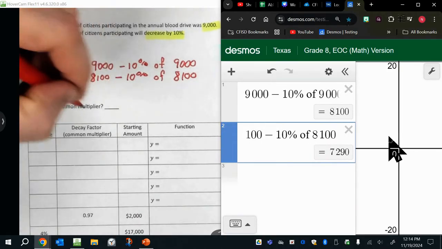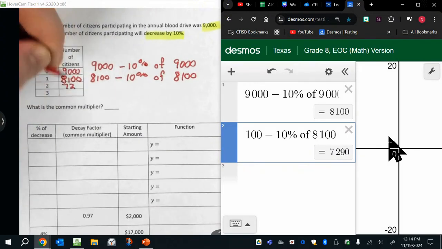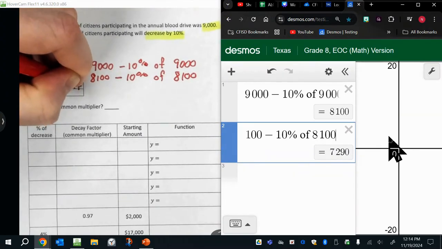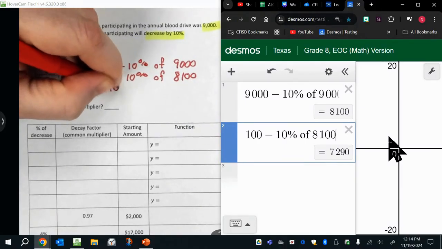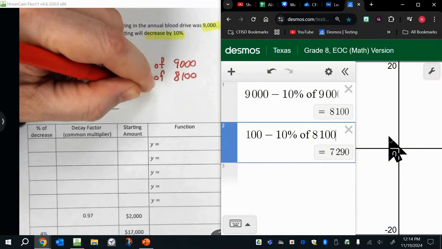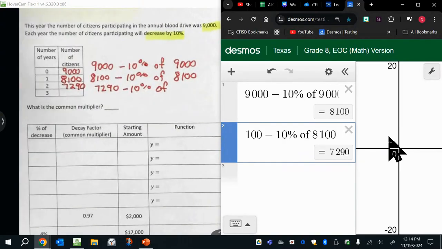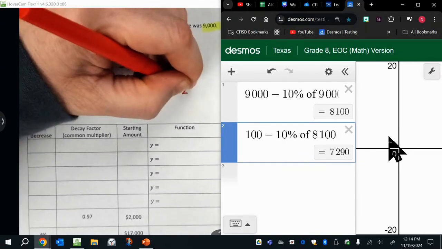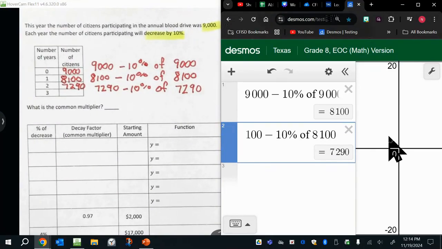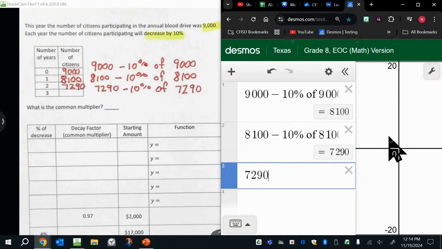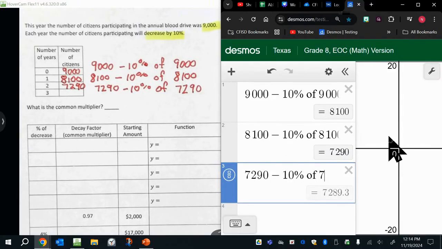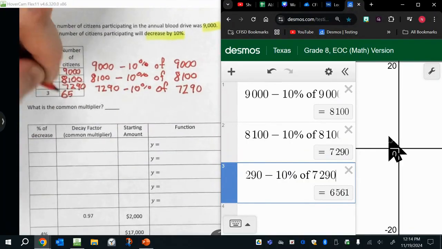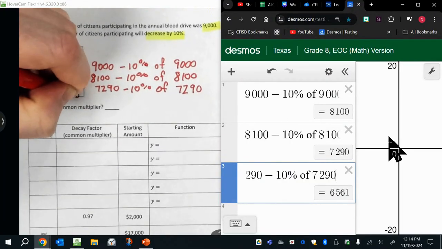And I get 7,290. Again, I would take 7,290 minus 10% of 7,290, and that'll give me the next number. And I get 6561.